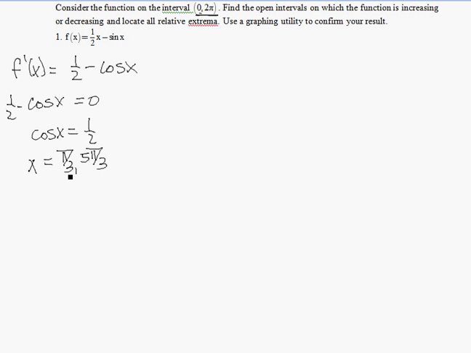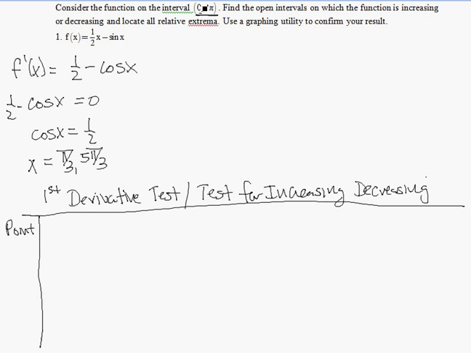So there's a lot of values that we need to consider here, so I'm going to make a pretty big chart down here at the bottom. Let me set that up for you. Since we're only going from 0 to 2 pi, and we have two critical values of pi thirds and 5 pi thirds, we're going to start off with 0 comma, plugging in 0 to this function gives us 0, and then pi thirds, plugging that in, gives us pi minus radical 3 over, excuse me, I can't even read my own writing.